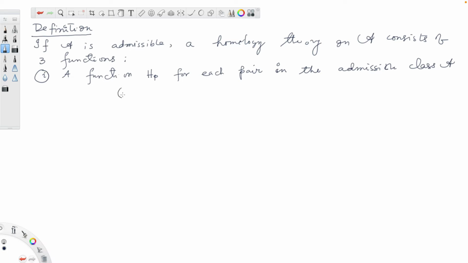Okay, so here is a pair, and under this function it is going to map to H_p of (X, A), where H_p of (X, A) is an abelian group.